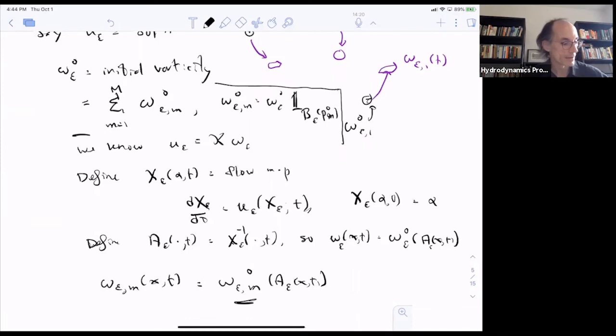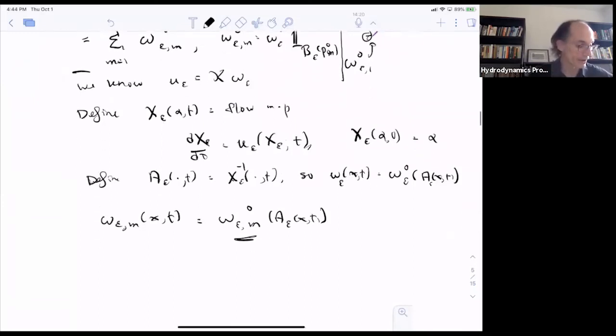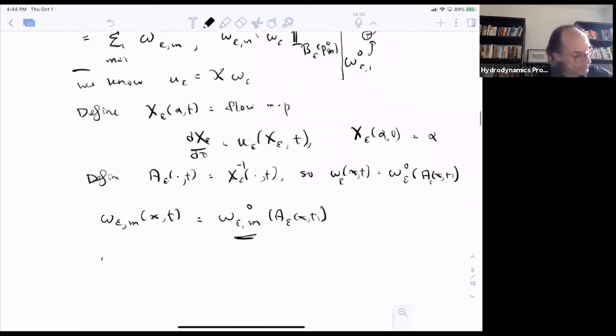Okay, that's the definition. And then I partition the vorticity up into M pieces, and I define u epsilon m to be the part of the velocity generated by the mth vortex blob, omega epsilon m.